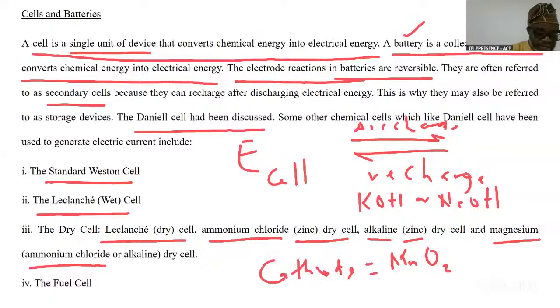This particular type of cell can produce a voltage ranging between 1.6 and 1.4 volts, and it is not constant, due to polarization. Polarization is the development of an insulating barrier between the anode and the electrolyte during production of current. When current is being drawn from the cell, some materials are produced.